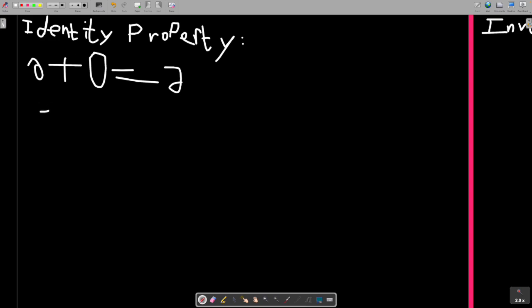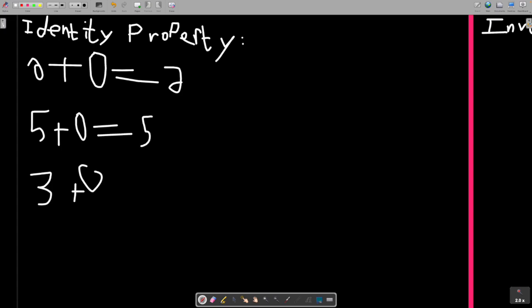So, for example, 5 plus 0 is 5, and 3 plus 0 is 3. This also works with negative numbers. Negative 2 plus 0 is negative 2. So that's the identity property.